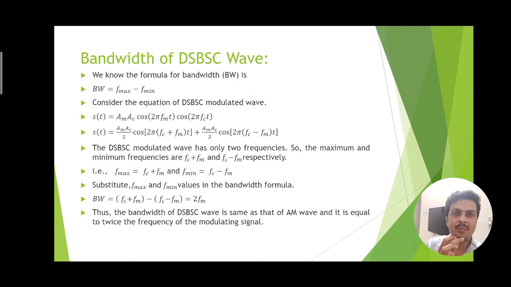Here s(t) is the product of the message and carrier, which produces two sidebands: one is fc plus fm, another is fc minus fm. These are the two edge frequencies. If we take the difference of these two edge frequencies, we get a bandwidth of 2 times the message frequency.